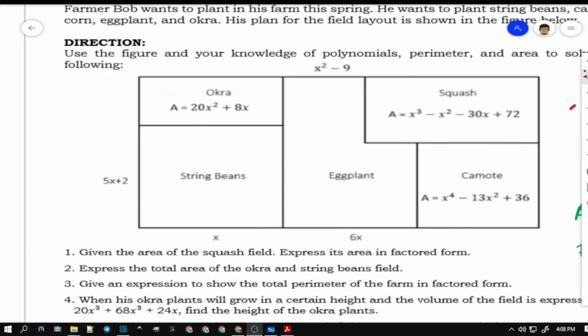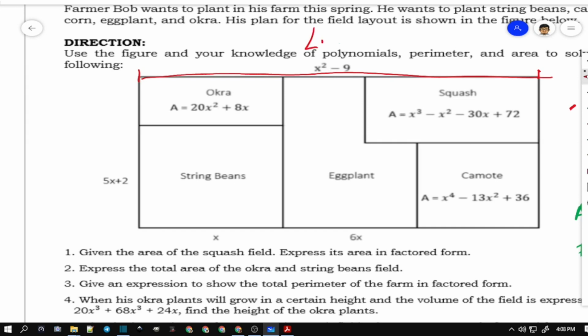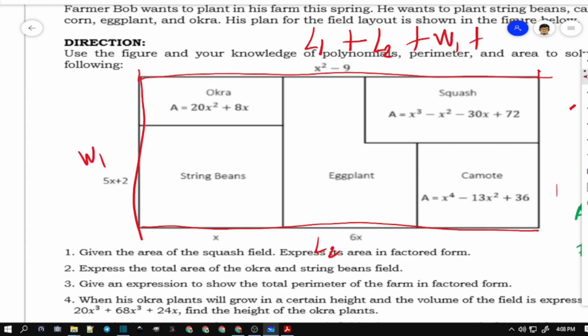Okay. Now, the last step will be finding the perimeter of the whole farm. For you to find the perimeter of the whole farm, since this is length 1, so length number 1 plus this is length number 2, length number 2 plus this is width number 1 plus width number 2.